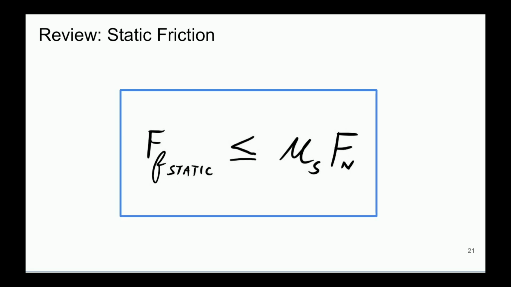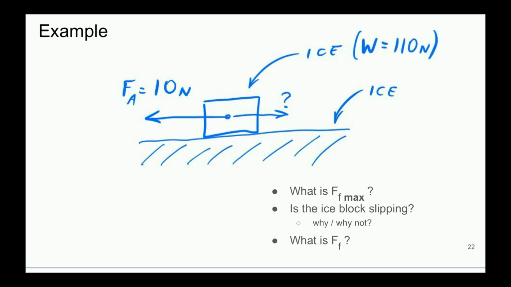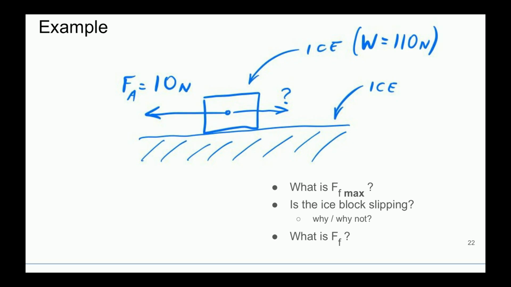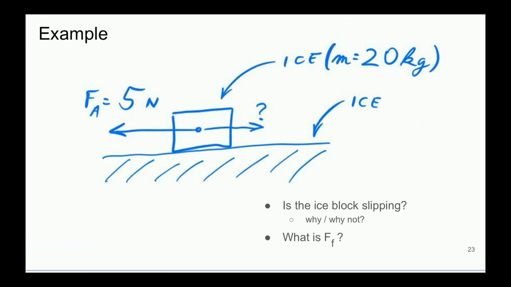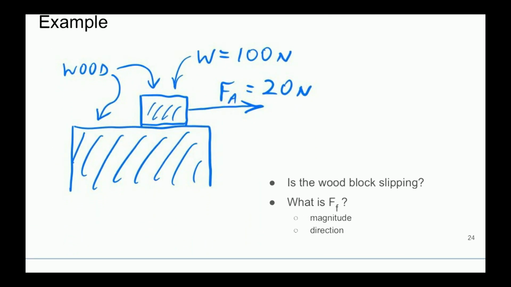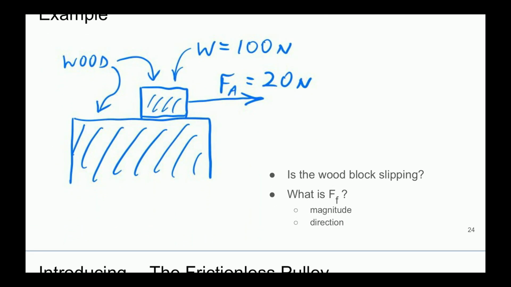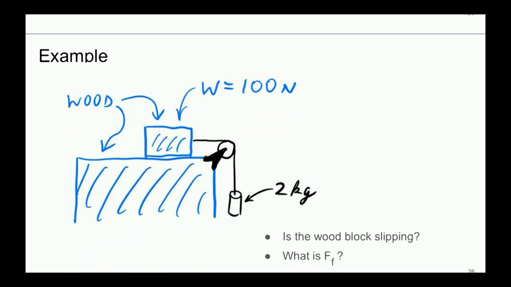The equation that you need to know is the one I'm showing here, and then there are many, many applications. For example, you might be asked whether this ice block is slipping. It's ice on ice. We can look up that mu static if we need to. You might be asked if the wood block is slipping, or you might be asked a bunch of other things.